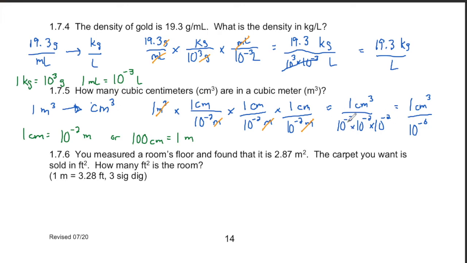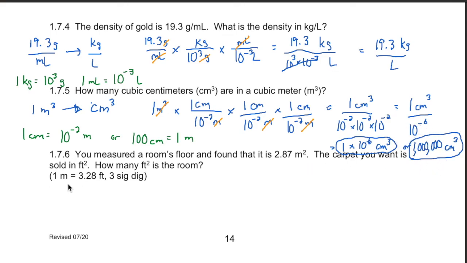So combining our powers of 10, 10 to the minus 2, 3 times gives us 10 to the minus 6. Since we have 10 to the minus 6 in the denominator, this really equals 10 to the 6 in the numerator. So a cubic meter is 1 times 10 to the 6th cubic centimeters. Or if we write this in regular notation, it would be 1 million cubic centimeters.